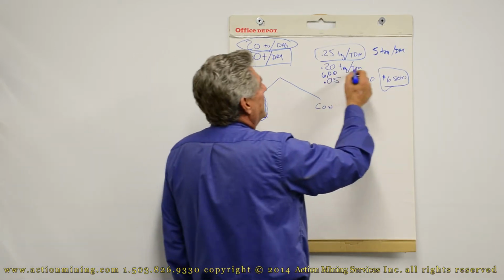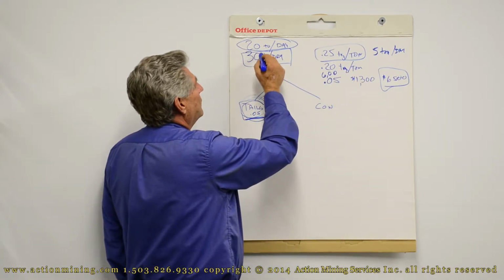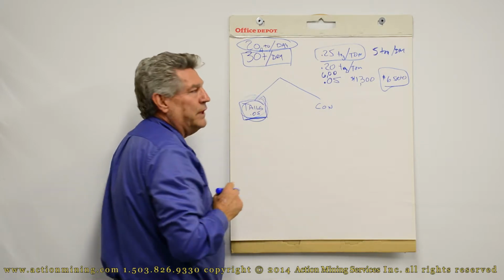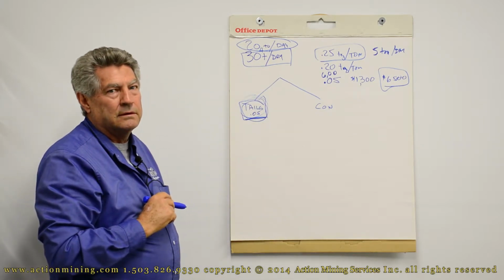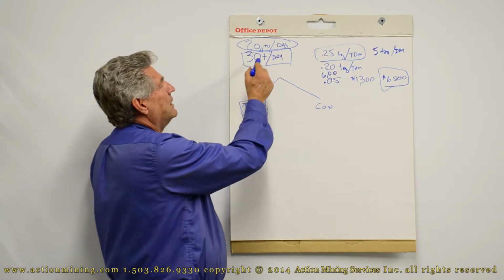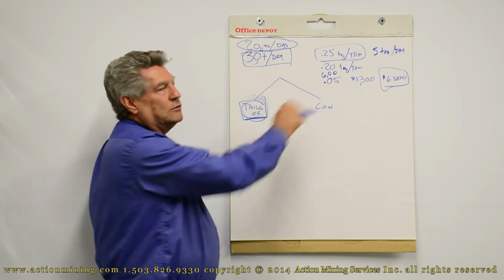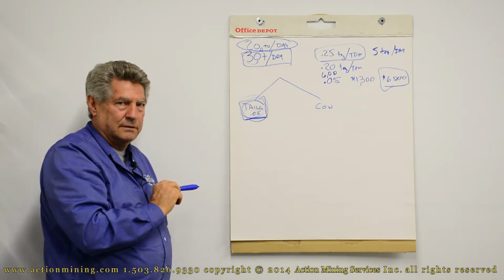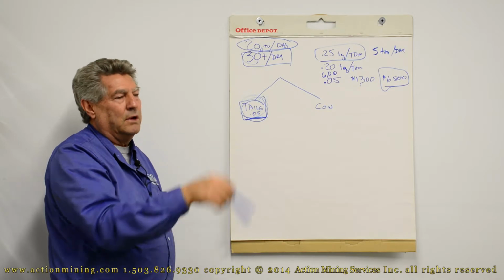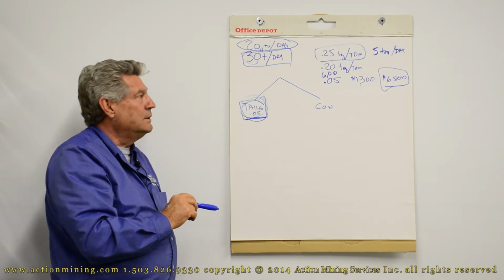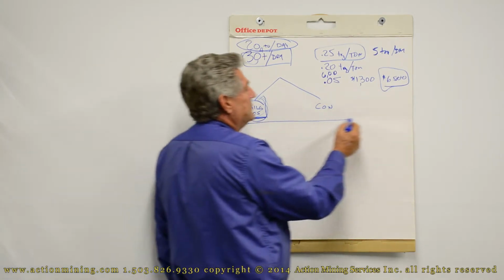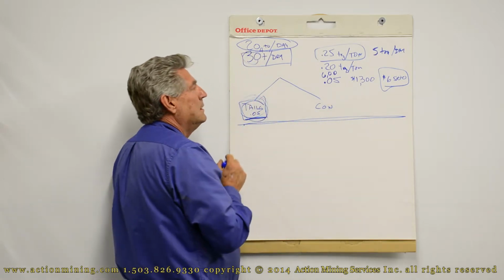If I wanted another ounce of gold, all I have to do is run 4 more tons of this. So what I am doing is running 10 more tons and I'm losing money, or I'm throwing money away. So these are the considerations. You've got to look at this.